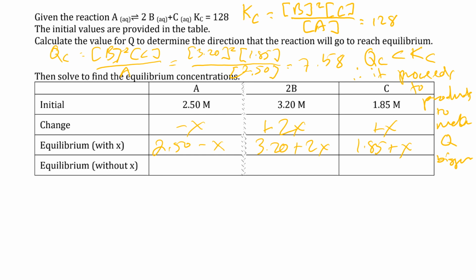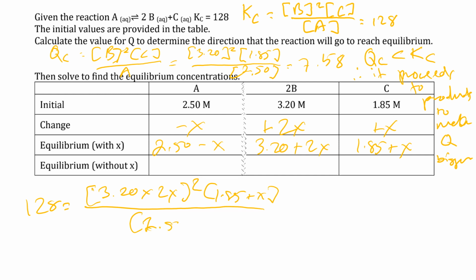So 128 equals 3.20 plus 2x squared times 1.85 plus x over 2.50 minus x, for my A. And you've got to solve for x.